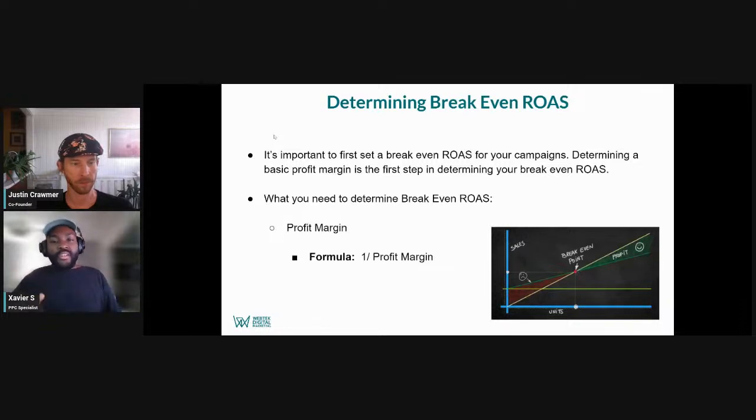To figure it out, you divide one by your profit margin, and that will be your break even ROAS. And then anything beyond that is just profit.